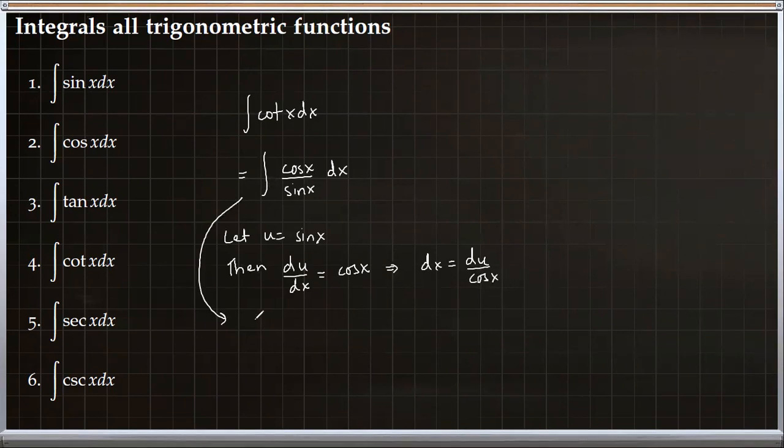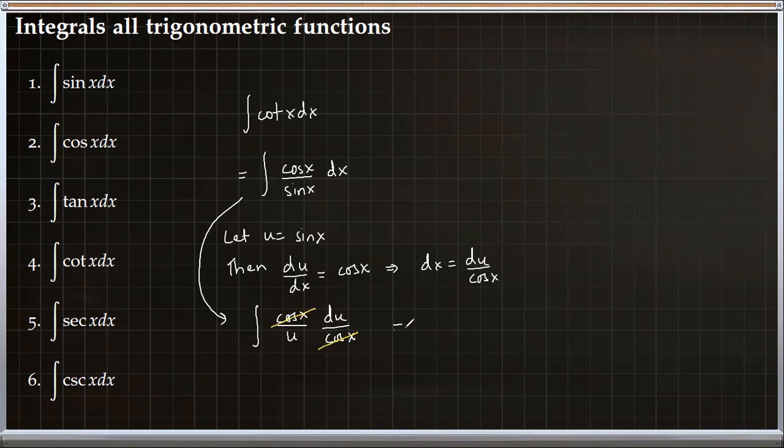Then we are ready to write this integral in terms of u. I'm going to keep cosine of x as it is. In the denominator, we have sine x, which we replace by u. And then dx is du over cosine of x. So now looks like cosine x gets cancelled out very nicely.